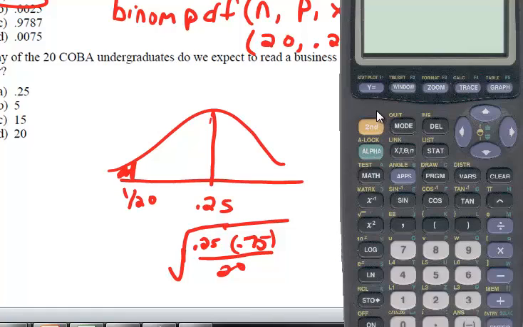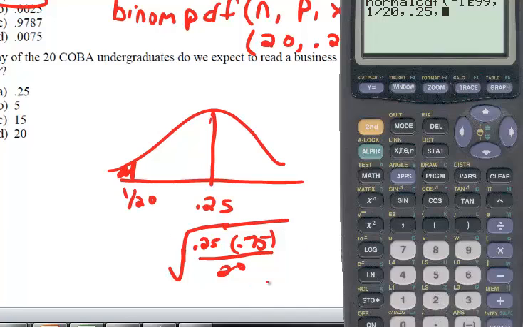Okay, so if we are going to do this with the normal, we should get something pretty close. Let's see. Distribution, normal CDF. So left bound, -1E99, comma, and we're going to 1 divided by 20. You could put that as a decimal if you wanted to, 0.05, comma, the mean, 0.25, comma, the standard deviation.